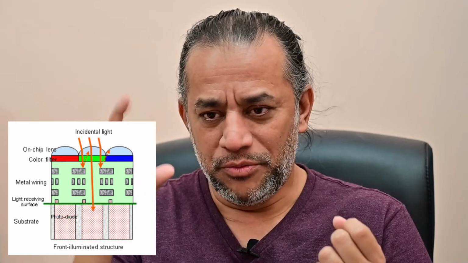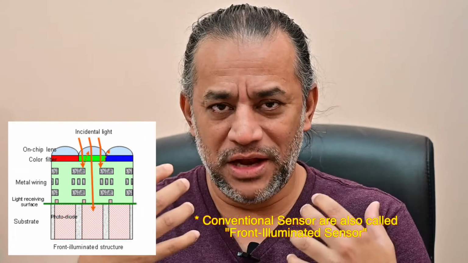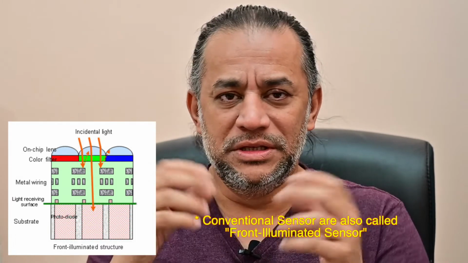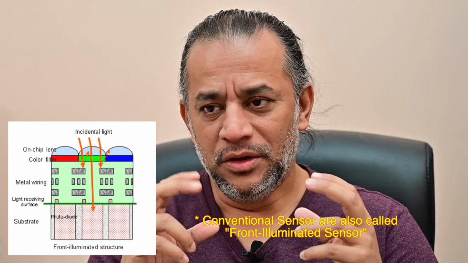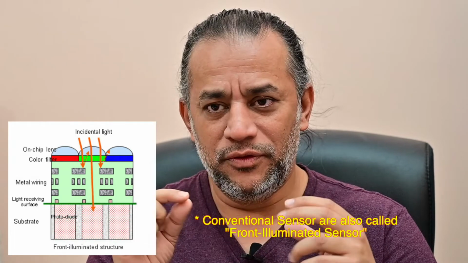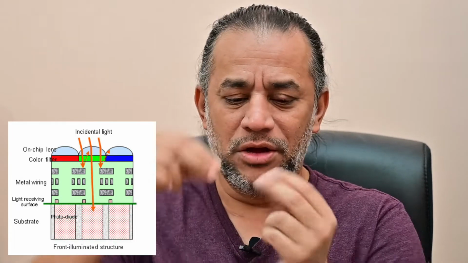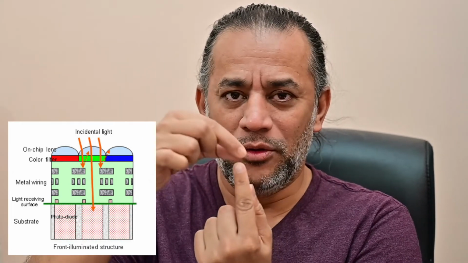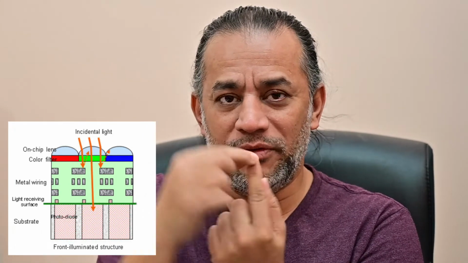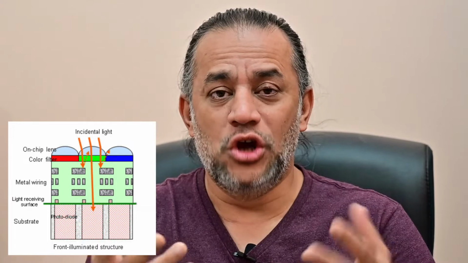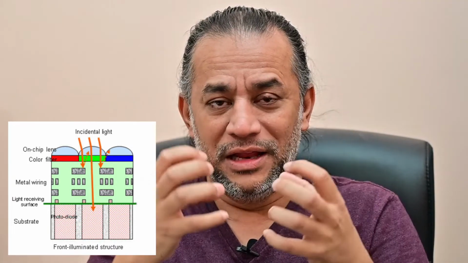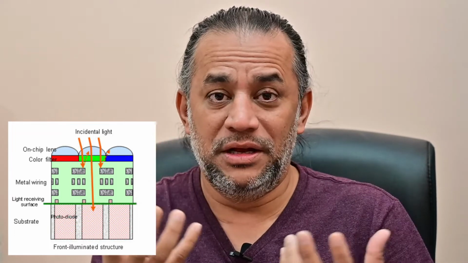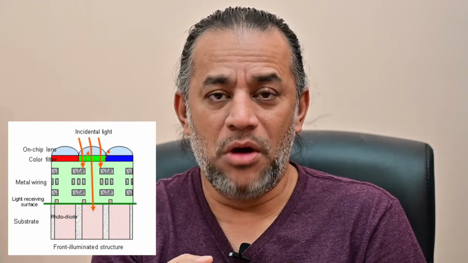Once you press the shutter release, the light enters from the lens and hits the sensor. There is a whole range of micro lens array sitting on top of the pixels. So if this is a pixel, there is a very small micro lens on top of it, whose job is to funnel the light inside the pixel, so the pixel can record the amount of light.